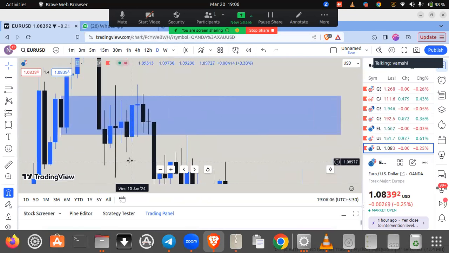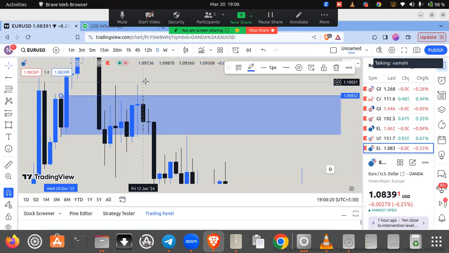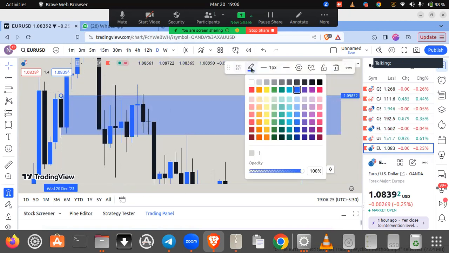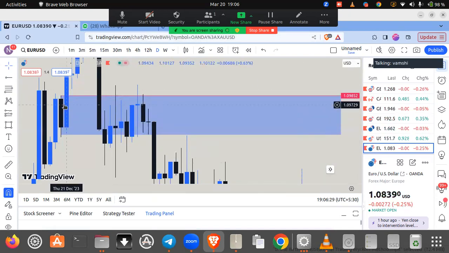So for HLZ, we need two engulfing sell zones inside this engulfing buy zone, and the candle should not close above the highest point of the engulfing buy zone, the red line. Two engulfing sells should be formed within this zone without breaking above the red line.